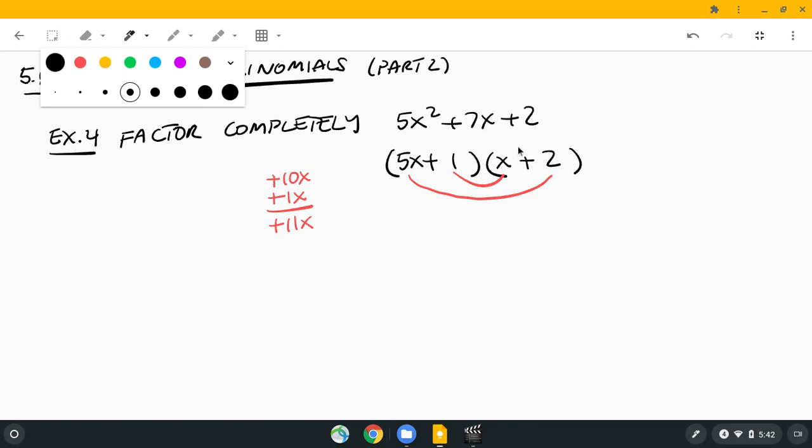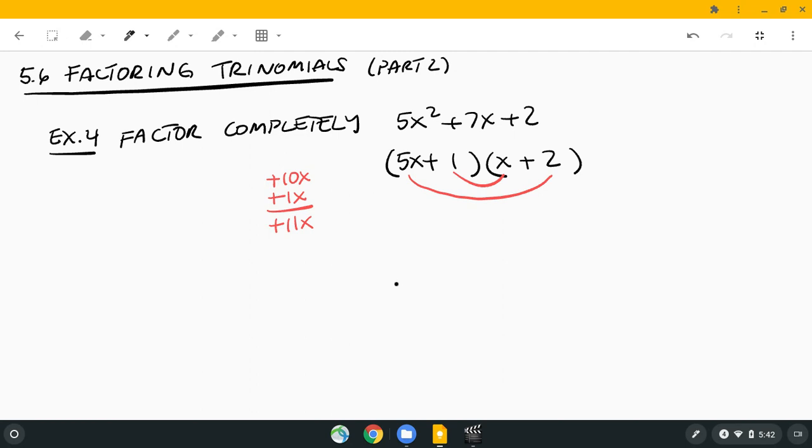All right, so let's try that again. 5x times x will give us 5x squared. We already know the signs will be positive, positive, and we're going to try the 2 here and the 1 here.